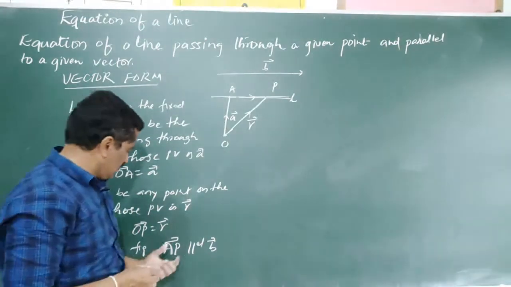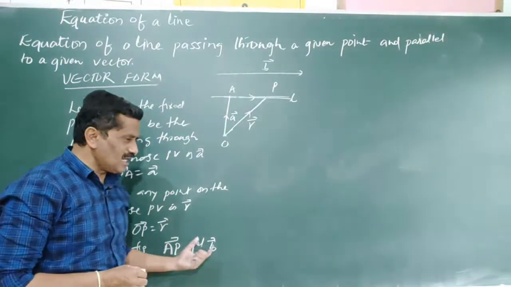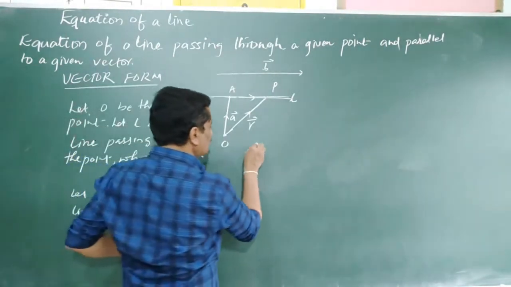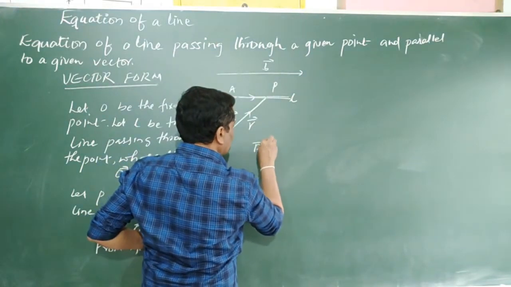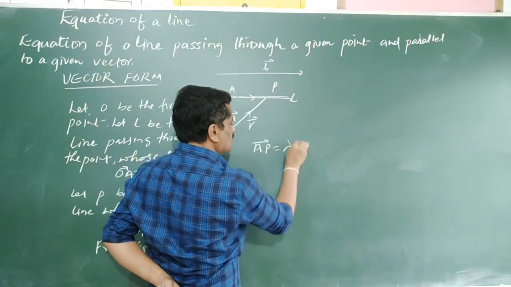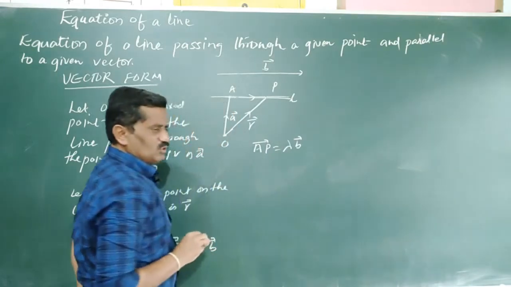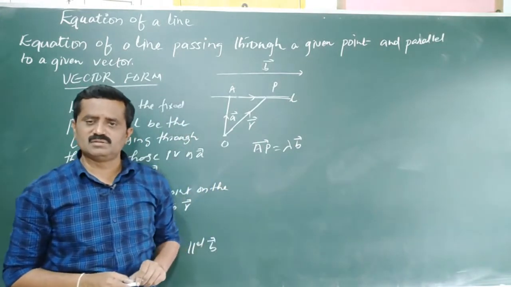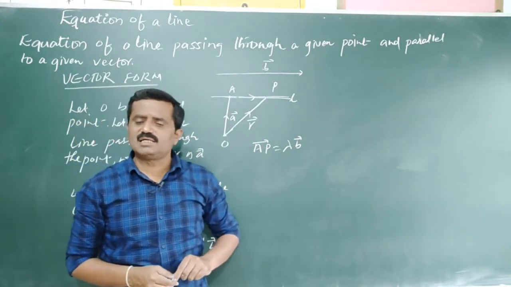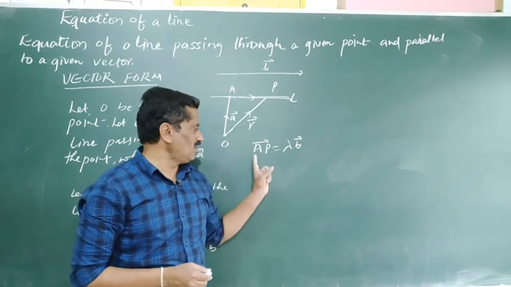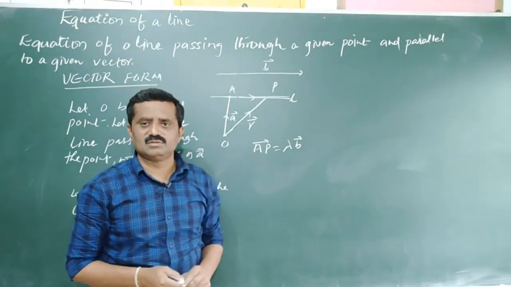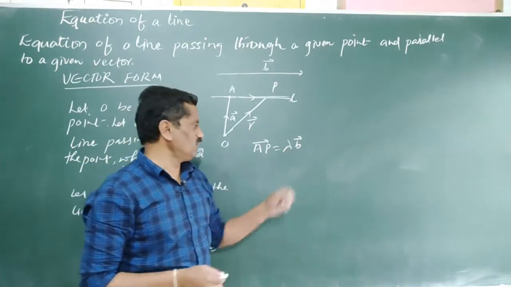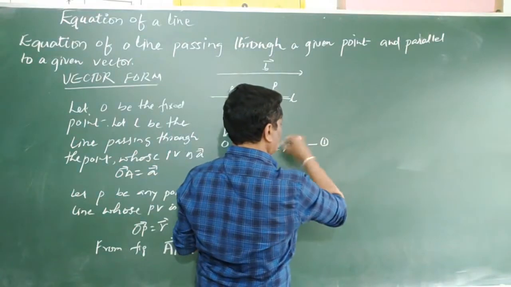We know that if one vector is parallel to another vector, then the two vectors are said to be parallel. In the previous chapter we learnt that if two vectors are parallel, one vector is equal to some scalar times the other vector. So therefore AP bar is equal to lambda into B bar. Let this be equation number 1.